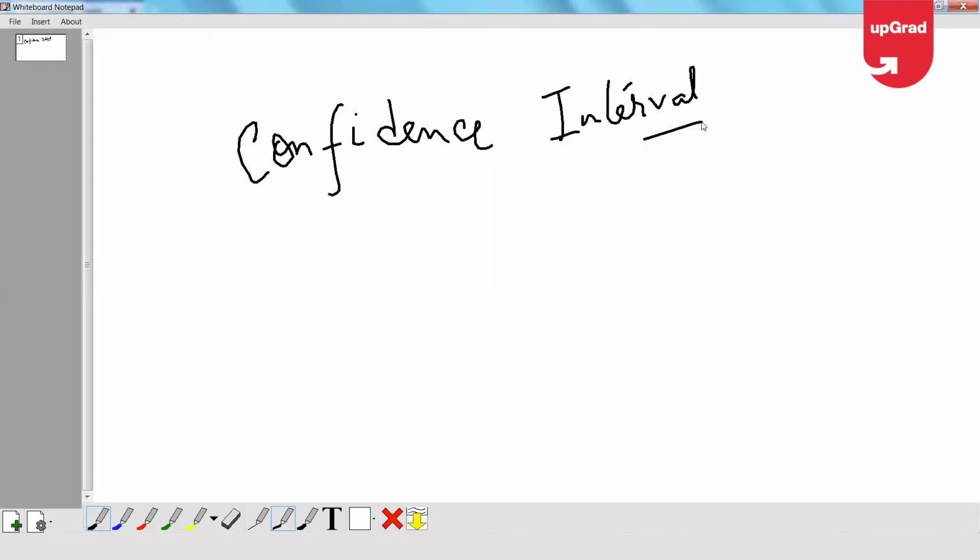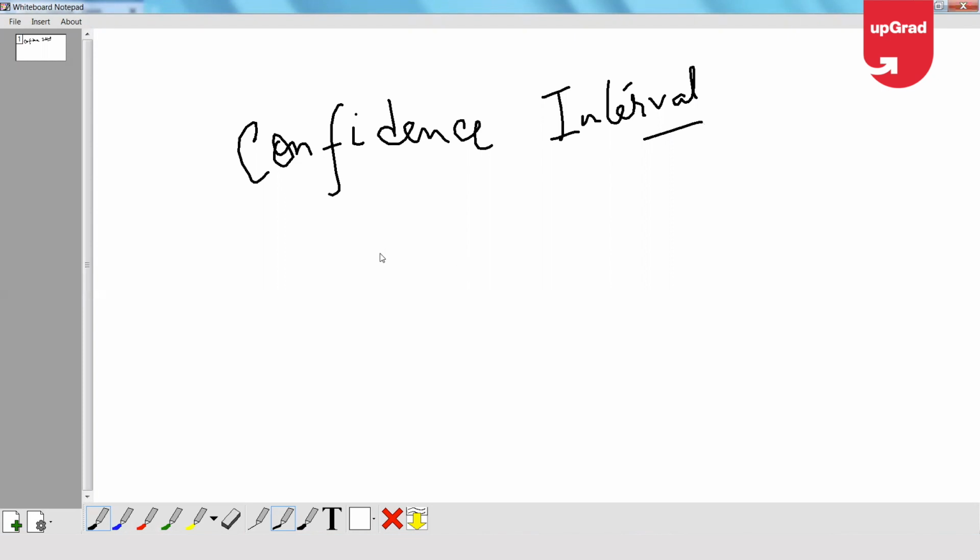Now you have noticed that so far with all the tests which we were doing, I was saying that if the p-value is below 0.05, we consider the null hypothesis to be false and the alternate hypothesis to be true.